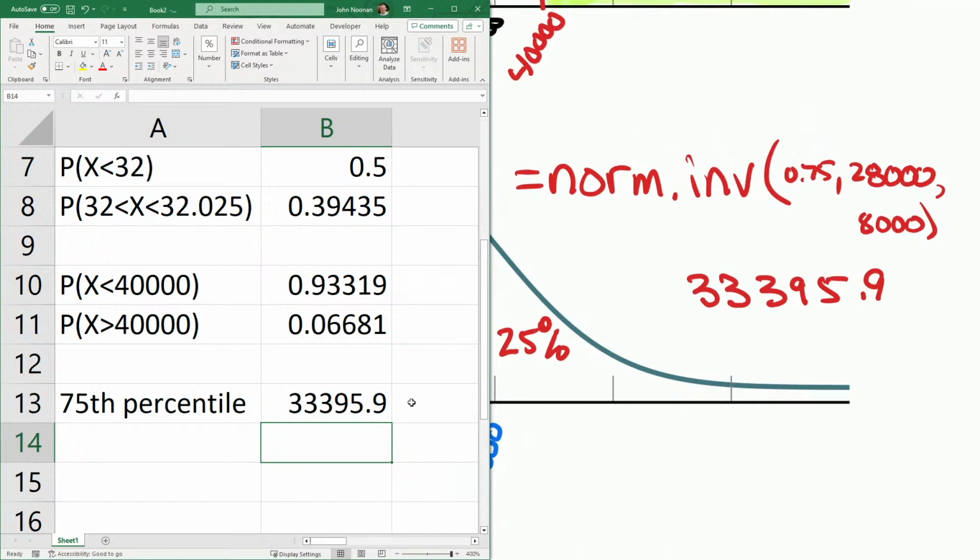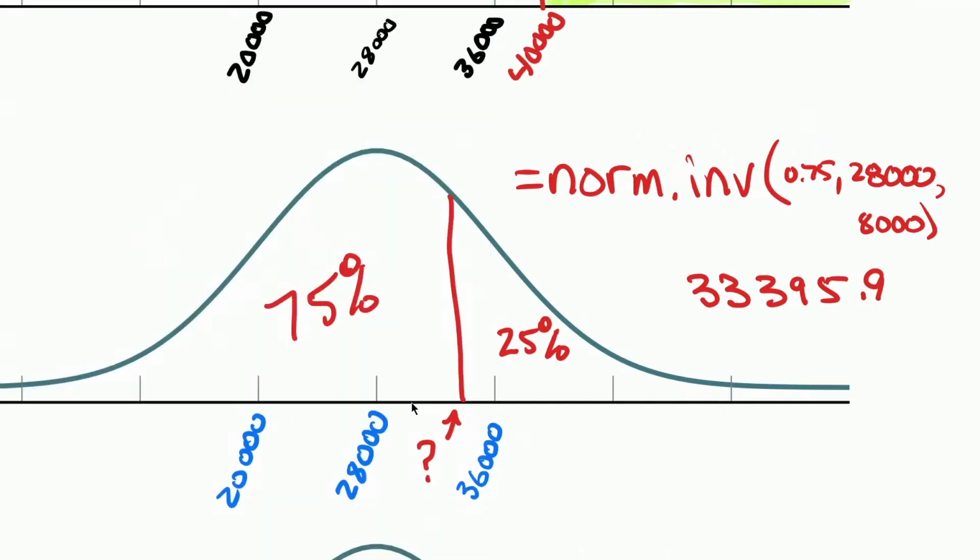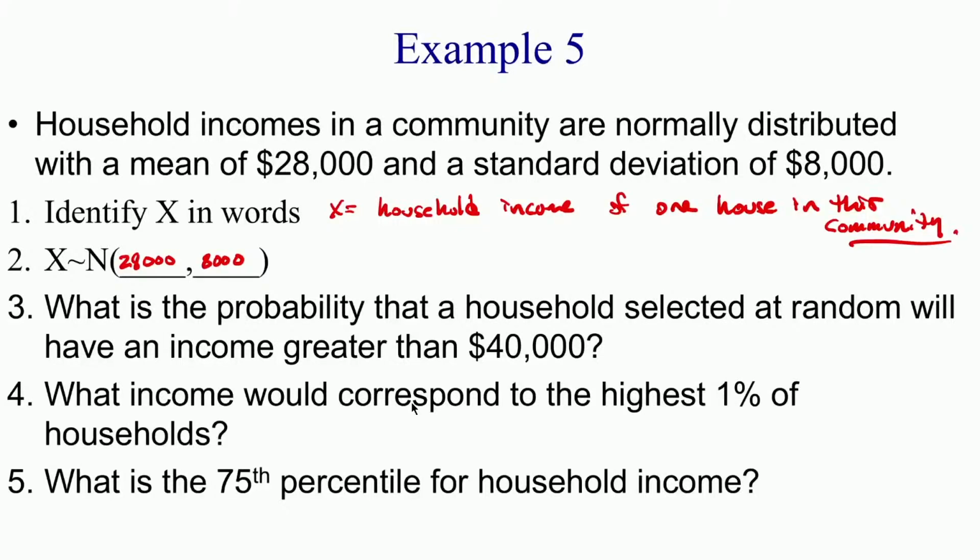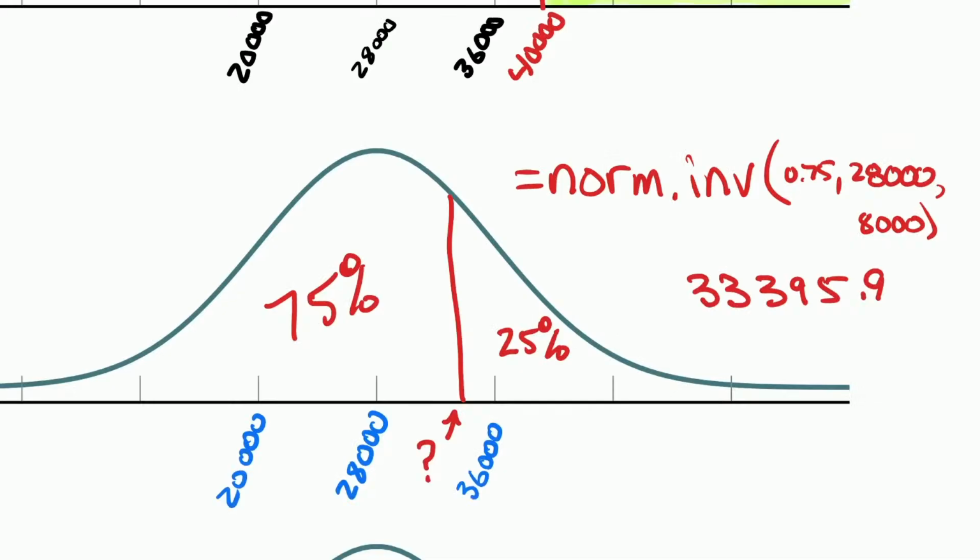Okay, one more, and then we're all done for the day. Let me just go back here to PowerPoint. Notice number 4. It says, what income would correspond to the highest 1% of households? Highest 1% of households.